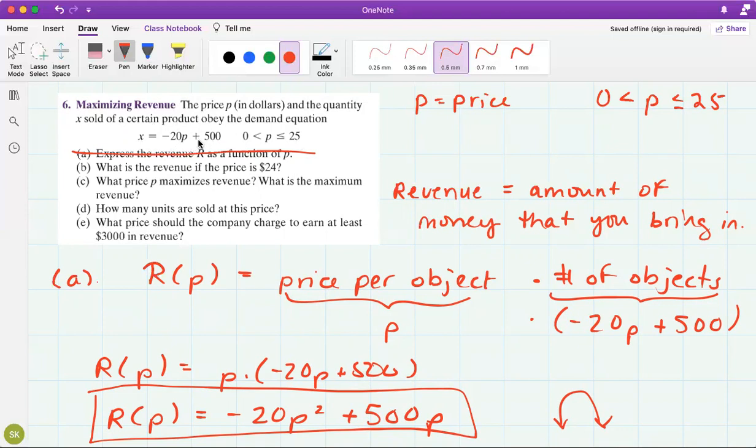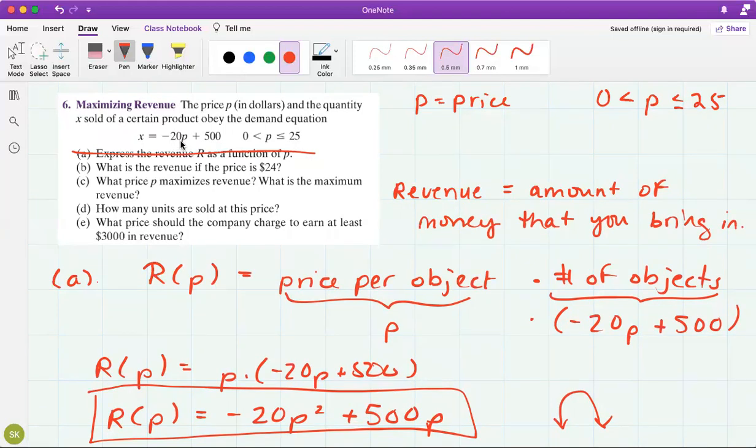If you look right here, you can see that the higher the price, the lower the demand. If P was 0, you would have a demand of 500, so you would sell 500 of them. But for every dollar you increase in the price, you're going to sell 20 less.